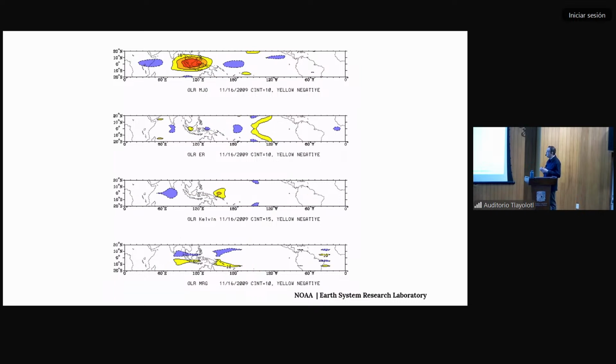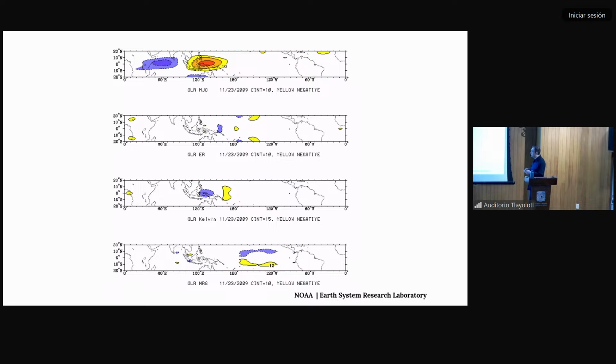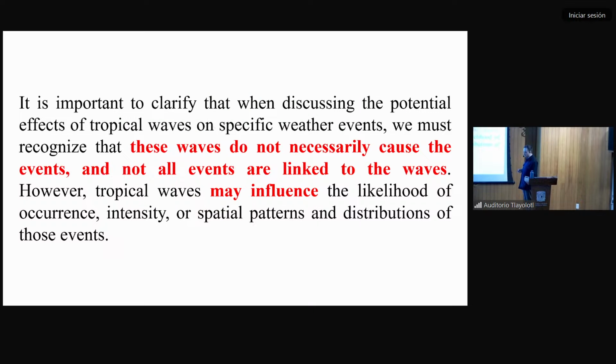So if we filter the data, we can see anomalies associated with those waves in the original OLR time series. So the important point here is that we have these waves that exist in the tropics.